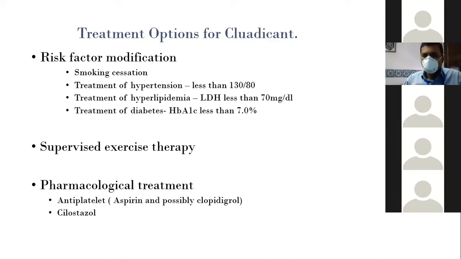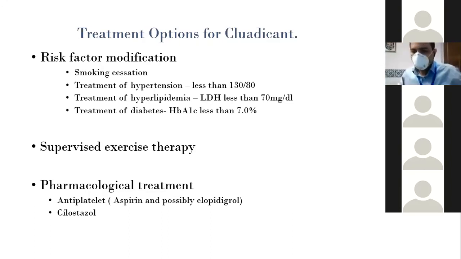And again, I would totally agree with you with regards to the clopidogrel. The CAPRIE study showed that, especially in diabetics, clopidogrel was far superior to aspirin. So we tend to use clopidogrel for the diabetics and aspirin for the non-diabetics. Thank you. That is an excellent point.